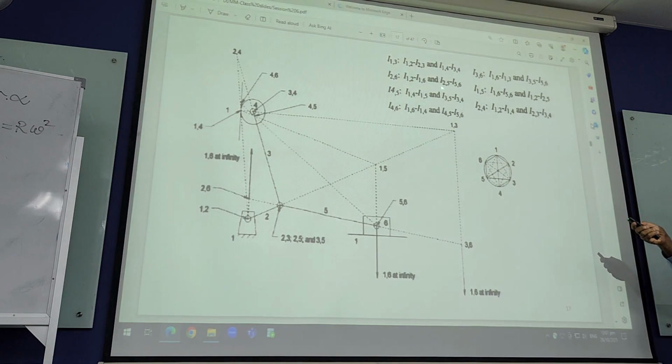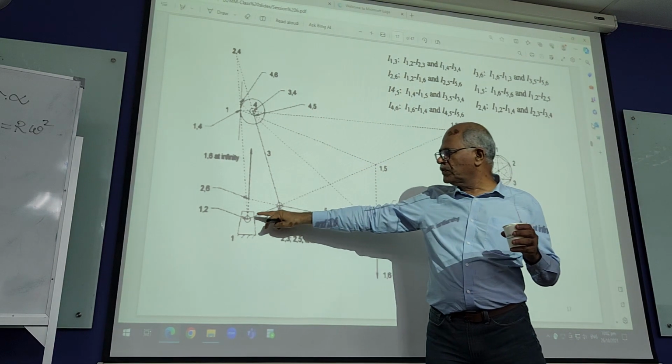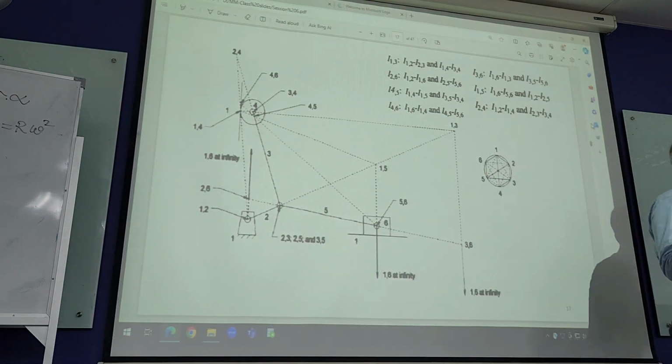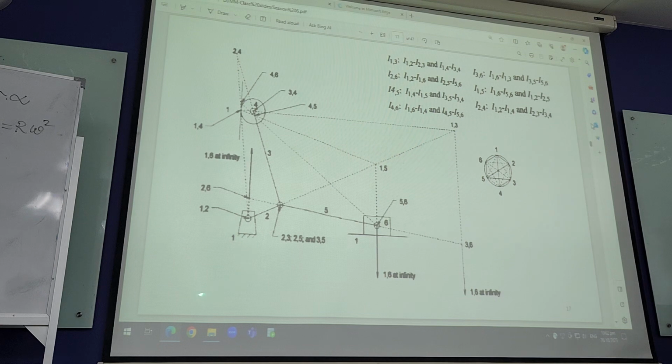So you need to connect 1, 2, 1, 6. So this is 1, 2. 1, 6 is at infinity. So draw 1, 6 at infinity from this point. So you need to imagine 1, 6 is at infinity. So draw a line from here, 1, 6 infinity. So you need to plot 1, 2, 1, 6. So you know 1, 6 and 1, 2. So on this line you will have 2, 6.